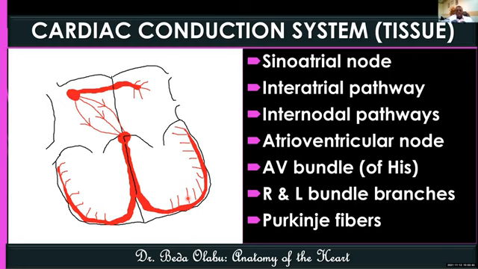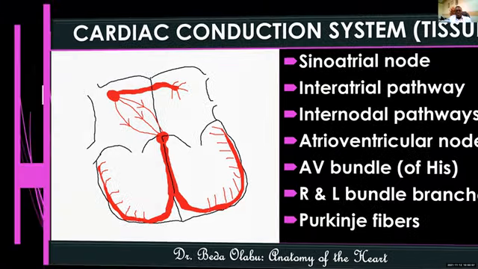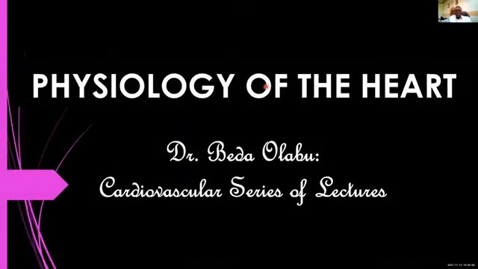So this is the pathway followed by cardiac electrical impulses. That is what we call the conduction tissue of the heart. Right. So that is the anatomy of the heart in a nutshell. Our next topic will be physiology of the heart.